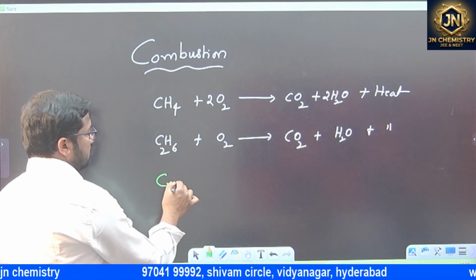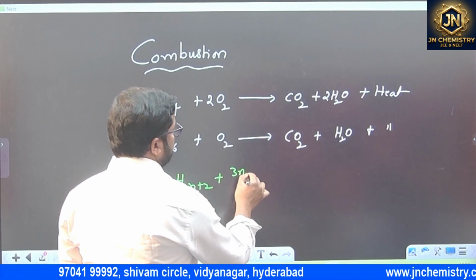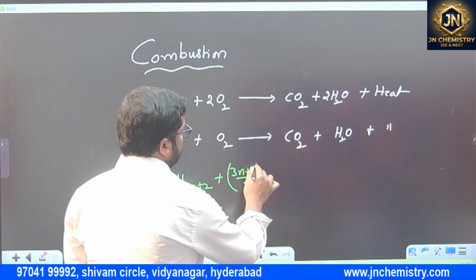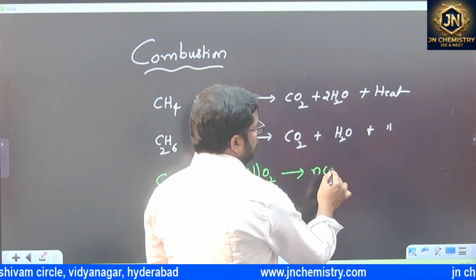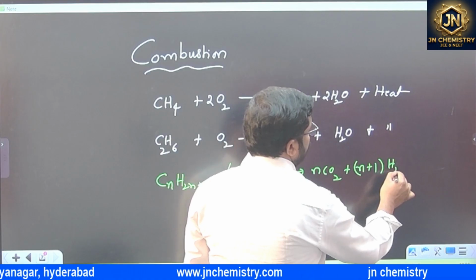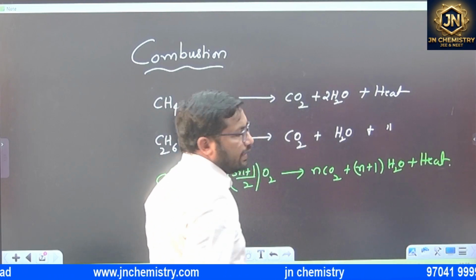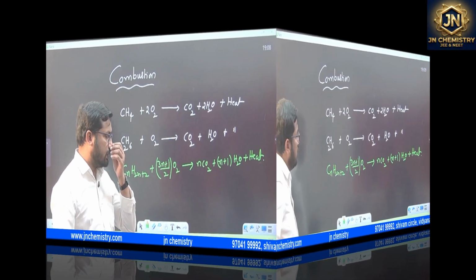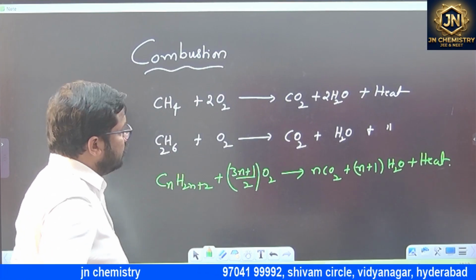Otherwise, the balanced equation we can write like this: CnH2n+2 plus (3n+1)/2 O2 gives rise to nCO2 plus (n+1)H2O plus heat. Write it down. This is the equation. How many oxygens are there?